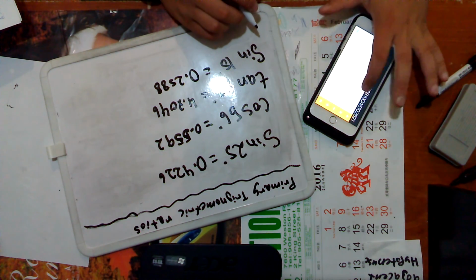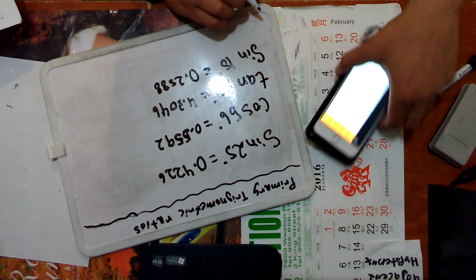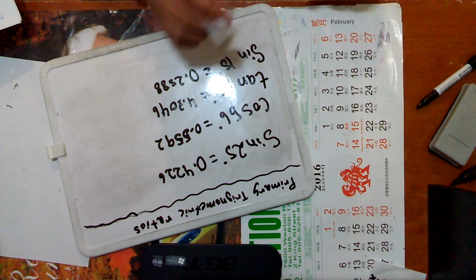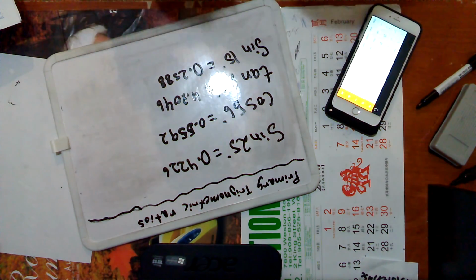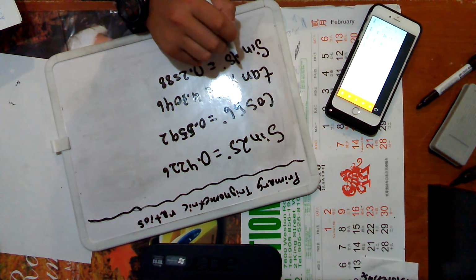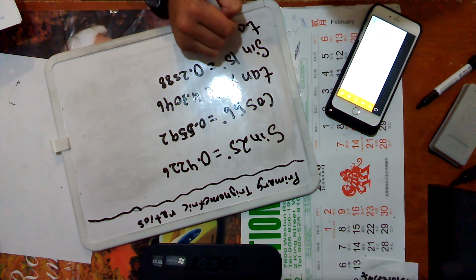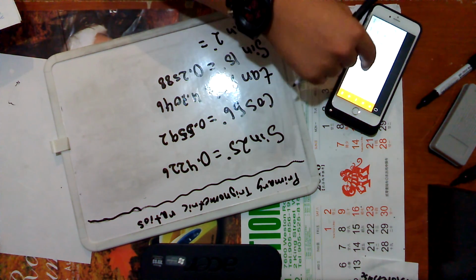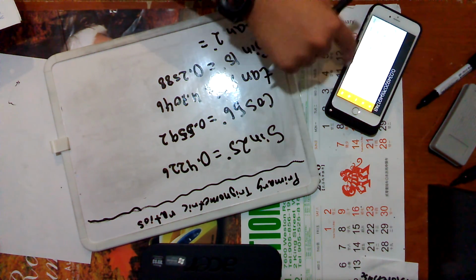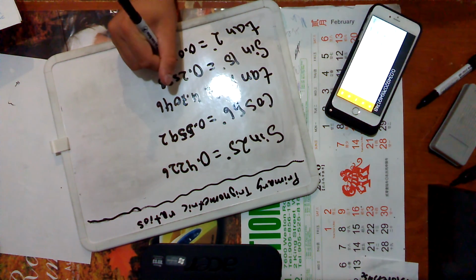Pretty easy stuff. Not hard. Just need to learn how to actually do it. You know what? Let's do one more. Tangent of 2. 2 tangent is 0.034.